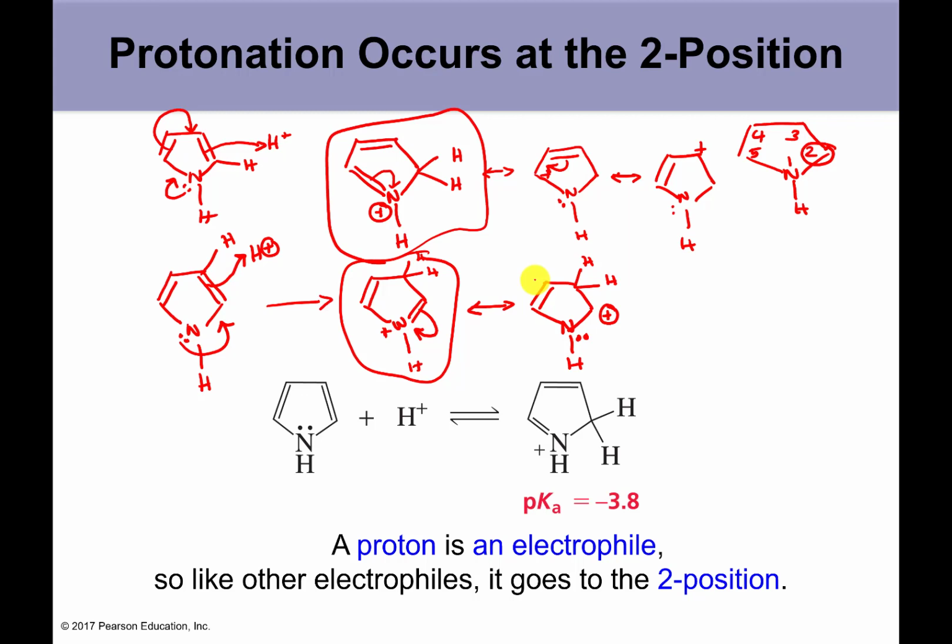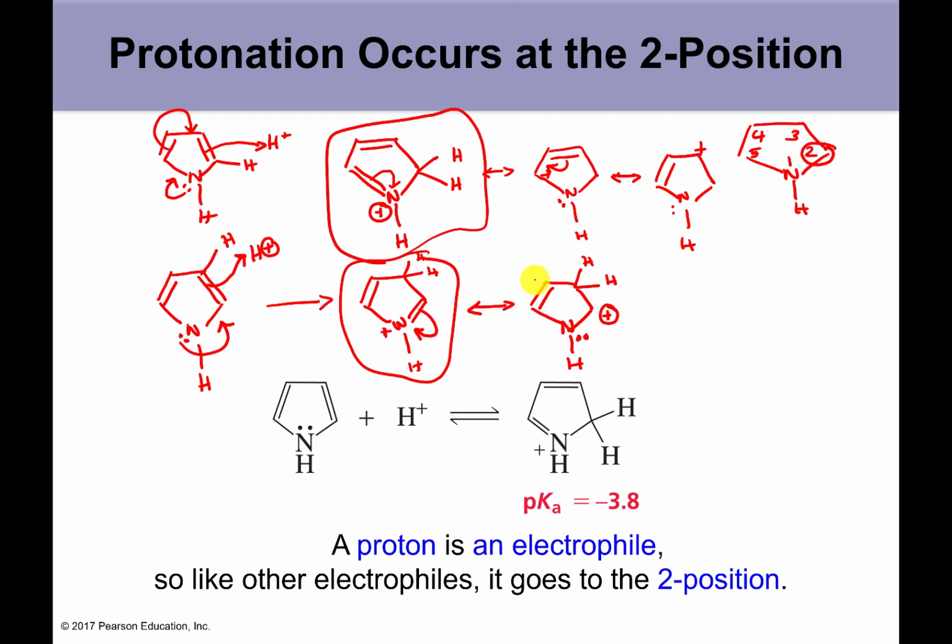Now, for 6-membered rings, for example pyridine, the position of addition or substitution is really different because in the initial addition portion of the reaction, when the electrophile is attacked by the ring, the resonance contributors dictate that the addition take place in the 3 position, and we'll see that later.